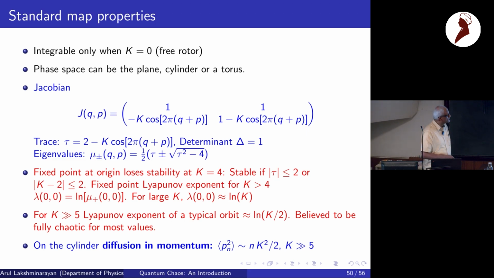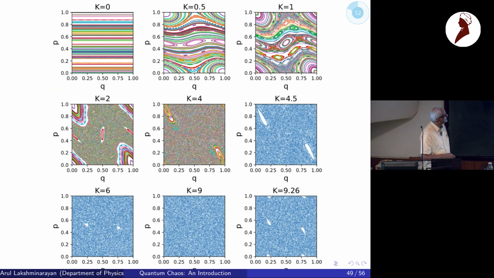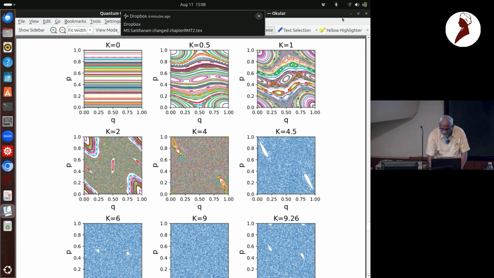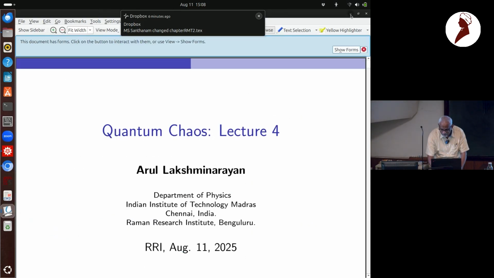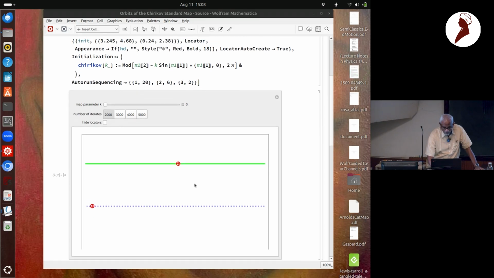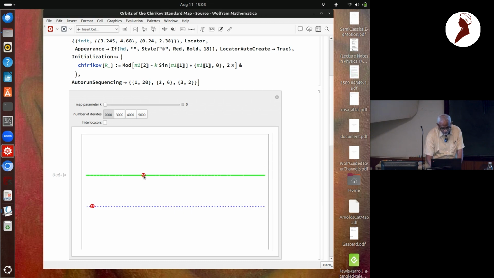Okay, so now let me show you a bit more of this dynamics as a function of k, interactively through this. Okay, so this is k is 0. I have put k is 0, and each time I click on this, that is the initial condition. And here, k is 0, it's an integrable case.